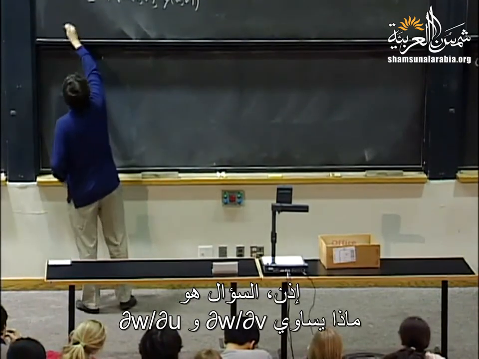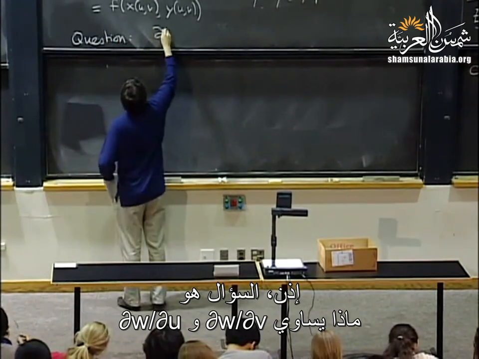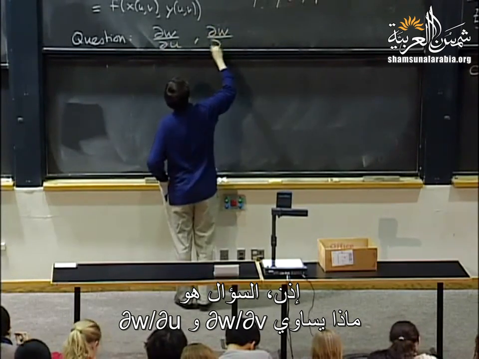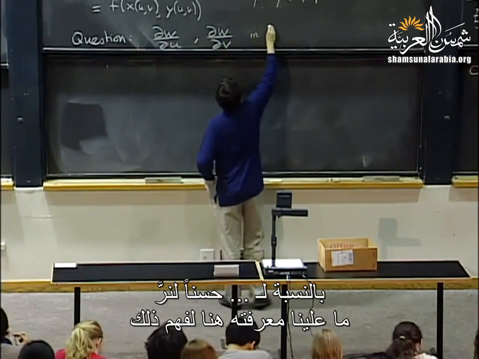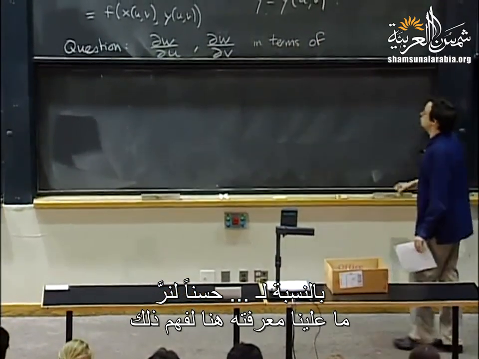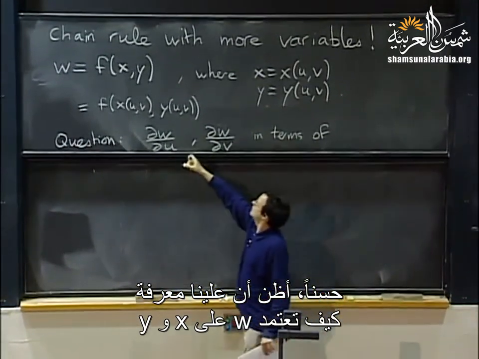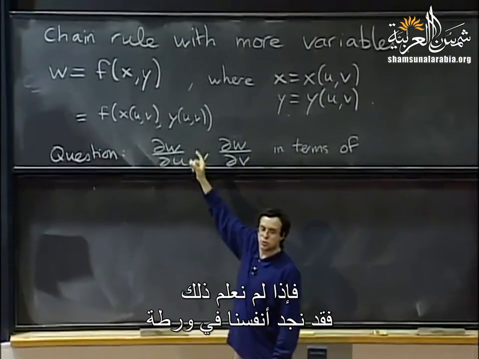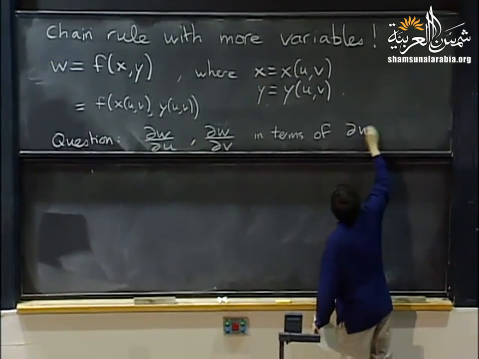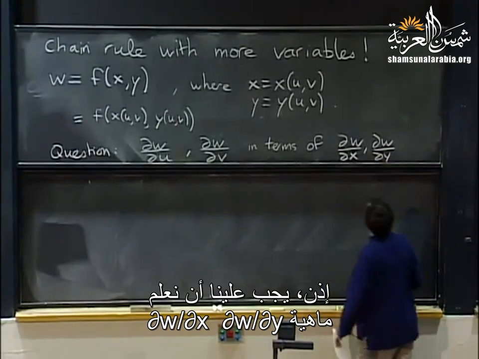So the question is, what are partial W over partial u and partial W over partial v in terms of, so let's see, what do we need to know in order to understand that? Well, probably we should know how W depends on x and y. If we don't know that, then we're probably toast. Okay, so partial W over partial x, partial W over partial y should be required.